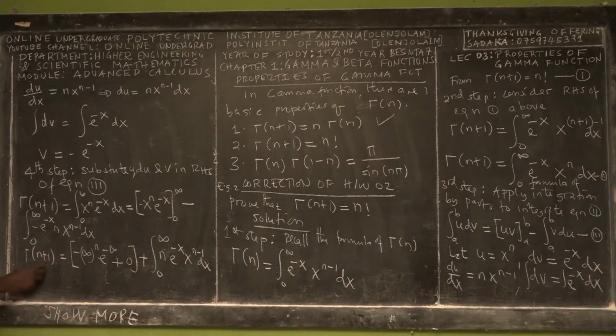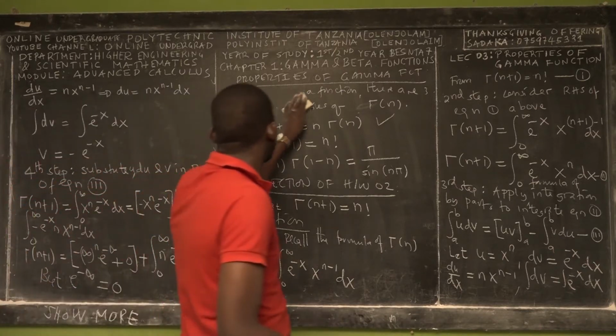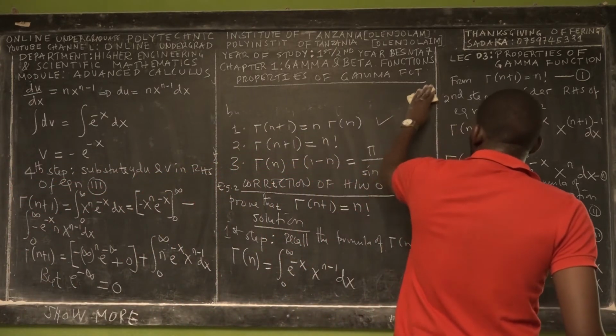Remember that part we taught you in lecture 1, e to the power negative infinity, or you can try e to the power negative 1 exponent 99, the answer is equal to 0.